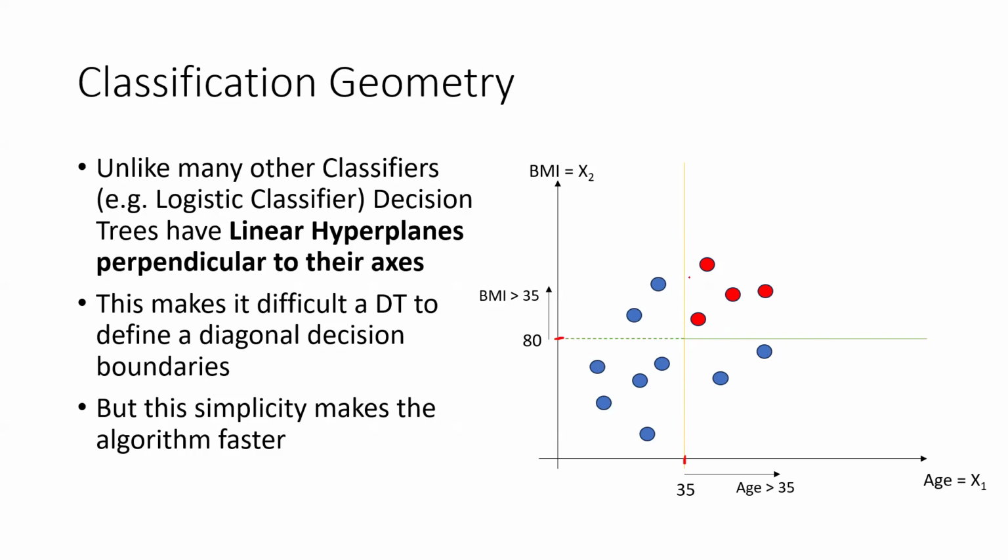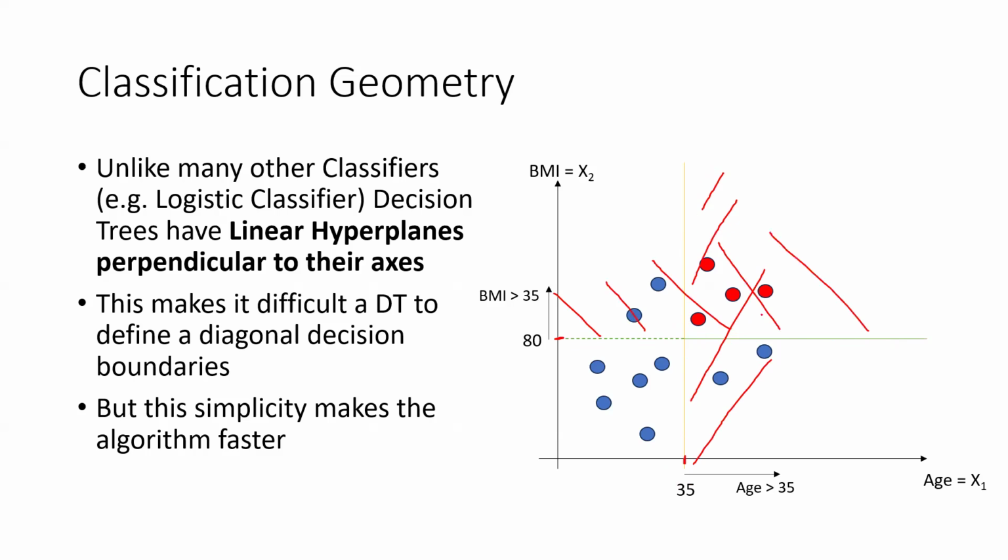By using two decision boundaries, with the first boundary you have this area, and with the boundary of greater than 80 you have this area.